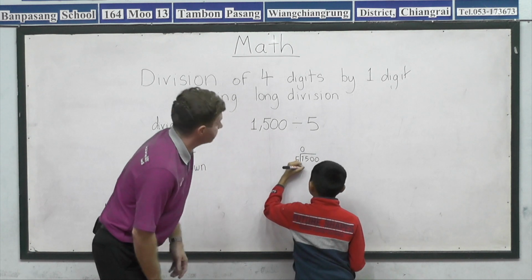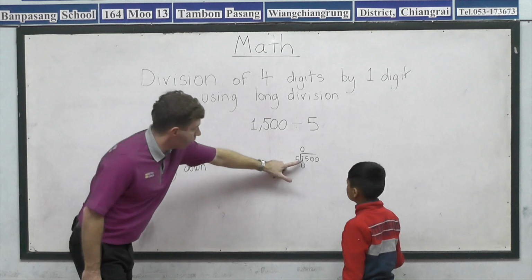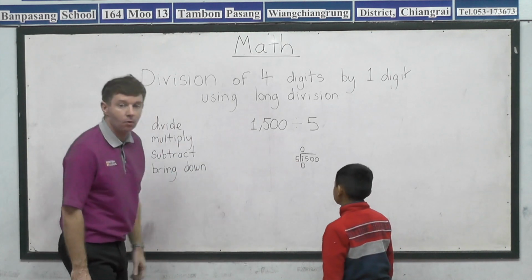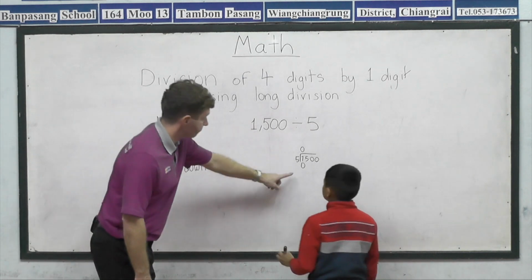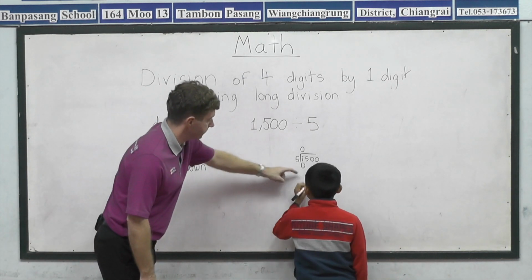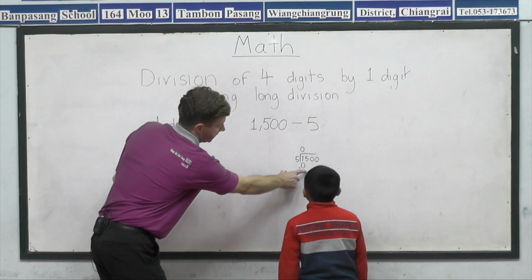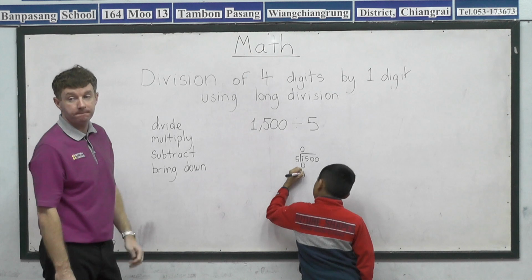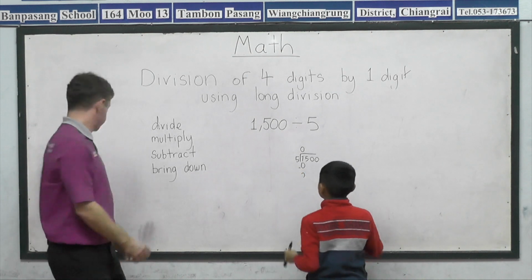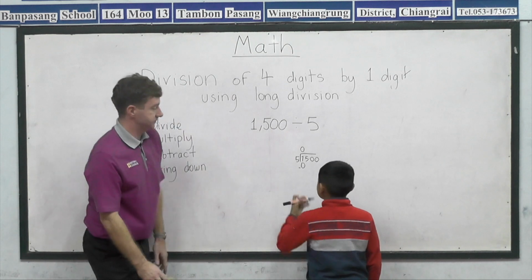Excellent. Now we're ready to subtract. 1 minus 0 equals 1. So we can write the minus sign here. And then 1 minus 0 equals 1.